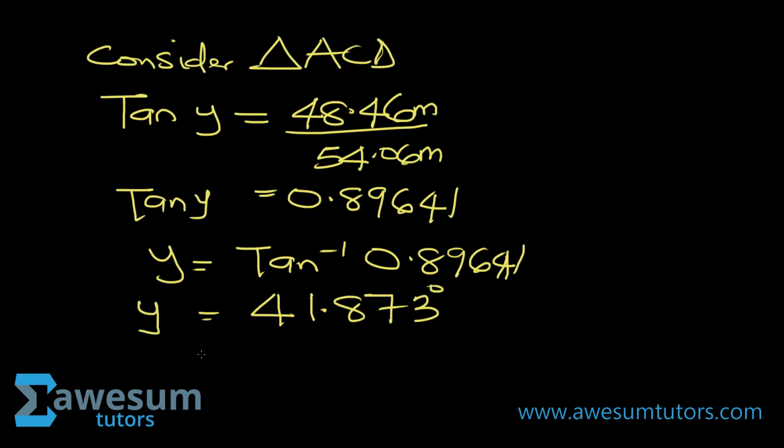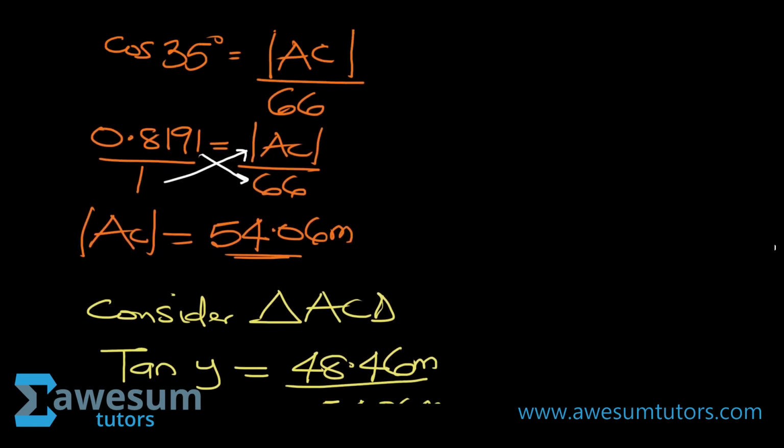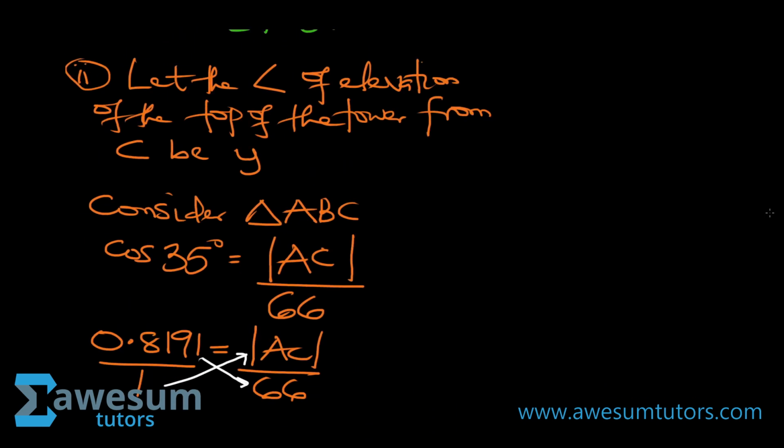Now the question says to leave our answer in 2 decimal places. That is going to be approximately 41.87 degrees. So in that case, you can conclude, remember that you had already said, let the angle of elevation of the top of the tower from C be y, right?